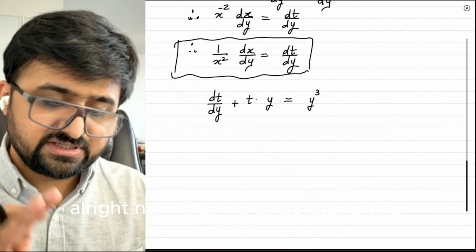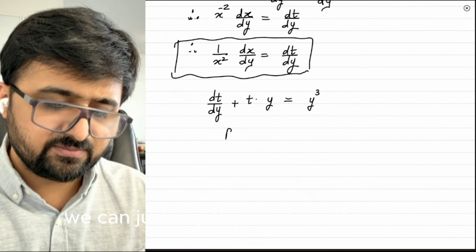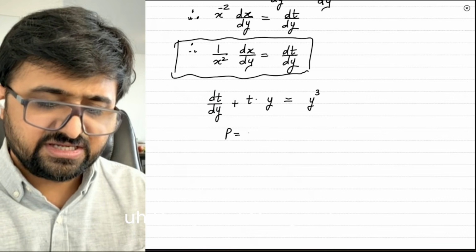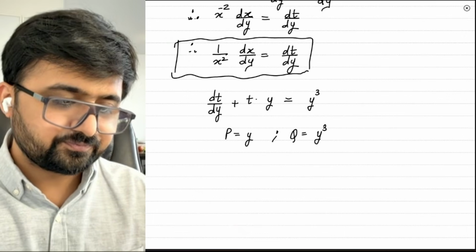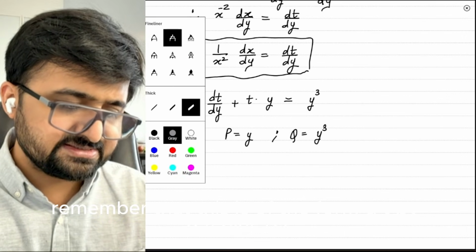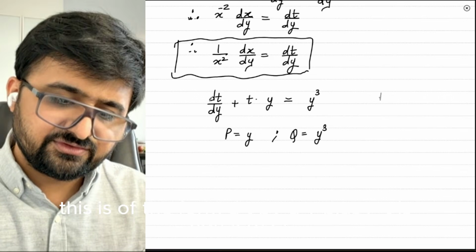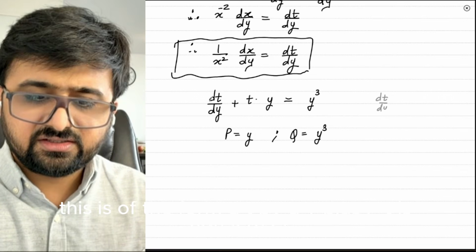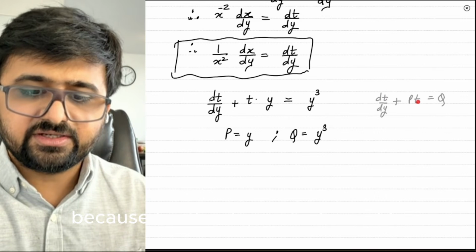All right, now that we understand this much, we can just solve it like linear. We can just say this is where p is now. P is y and q is y cube. Remember that this is of the form dt by dy plus pt is equal to q, because t is the dependent variable, it occurs once.